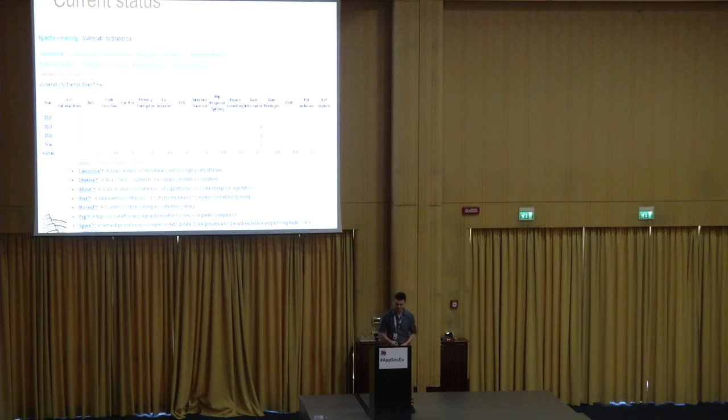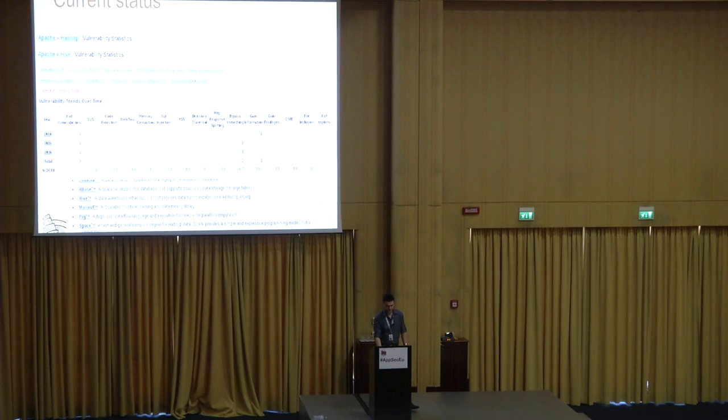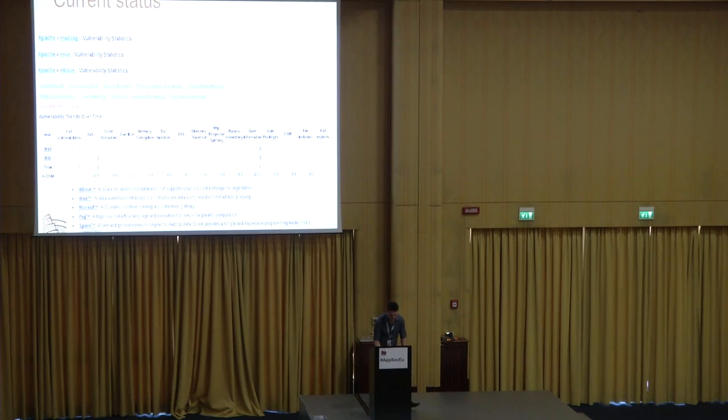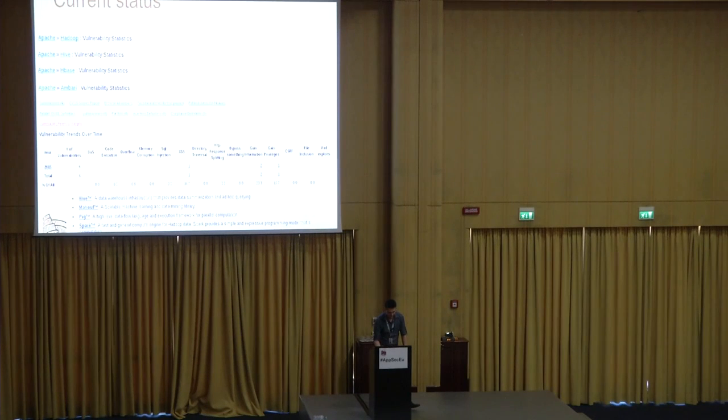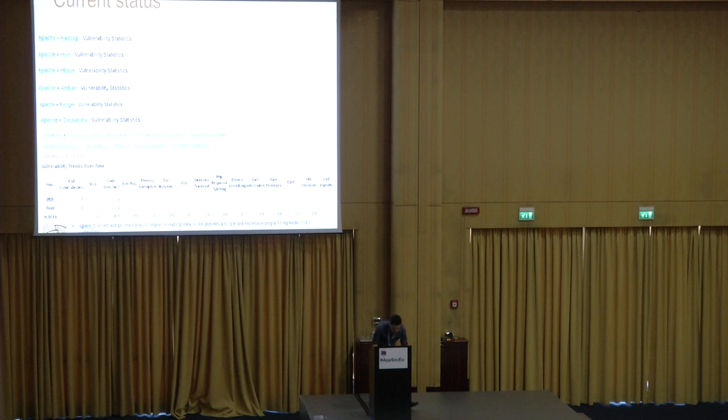So the current status for now is that we've got 2 vulnerabilities in the Hadoop core, around 3 in Hive, 2 in HBase, 6 in Ambari, also 5 in Ranger, 1 in Cassandra, which is also connected to Hadoop. Yeah, and that's actually all.